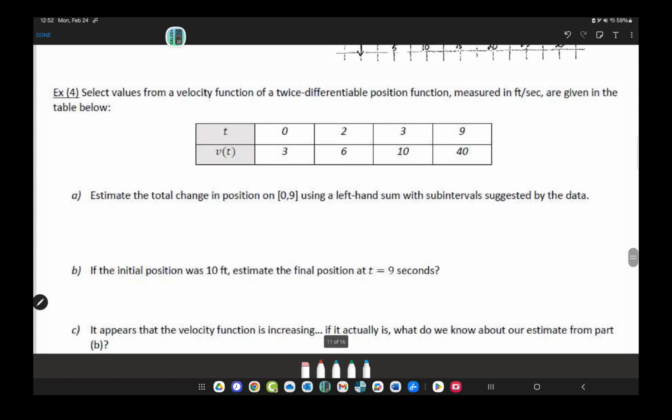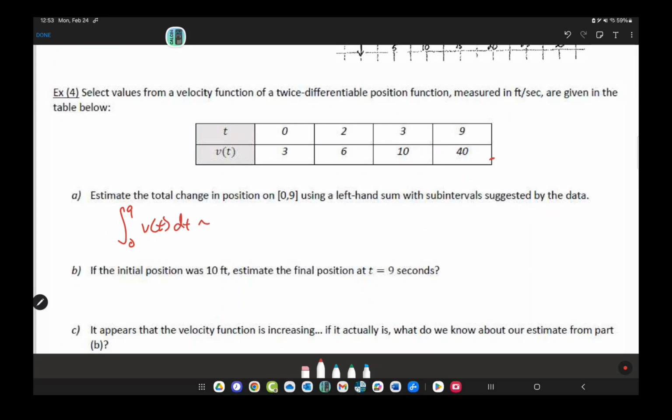So here we have a function in the table. It shows the velocity function of a twice differentiable position function, measured with the seconds given in the table below. So this is v of t, okay? Estimate the total change in position, which means we need s of t. So we're going to integrate from 0 to 9 of v of t.